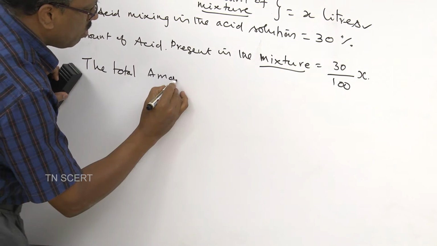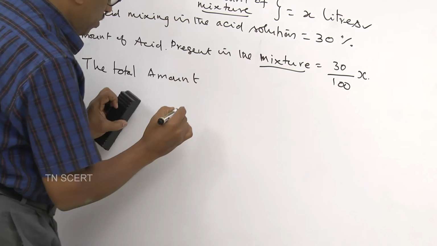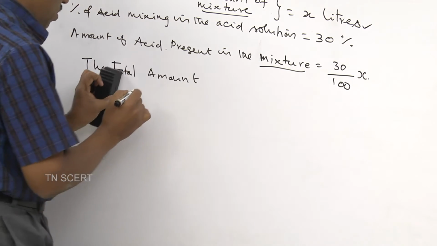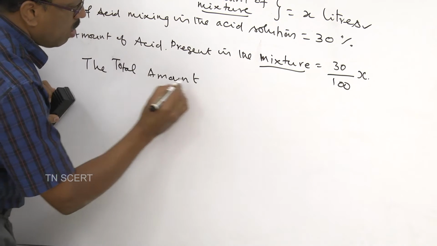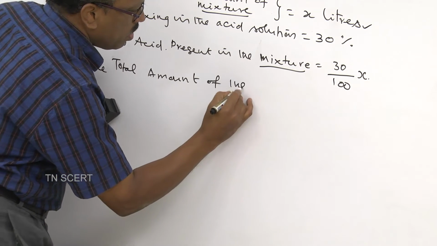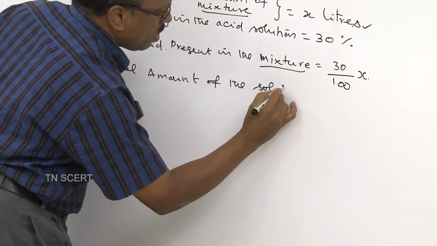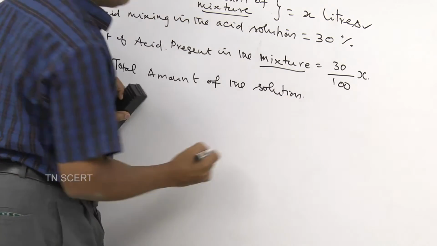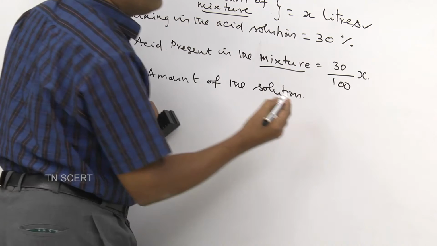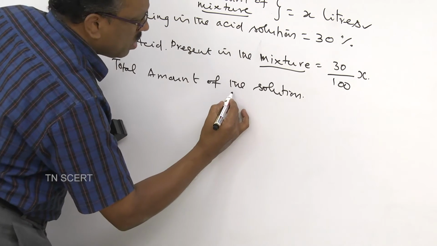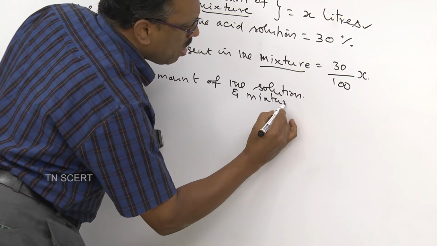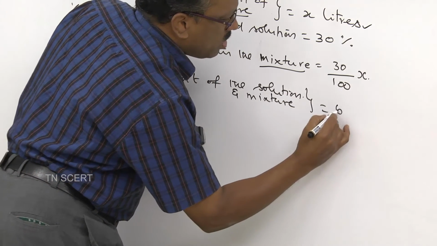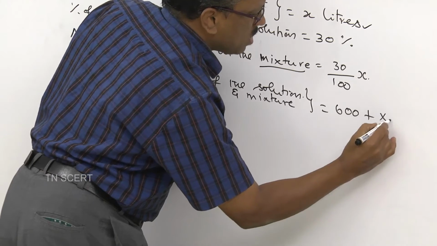The total amount of solution and mixer is 600 plus x.